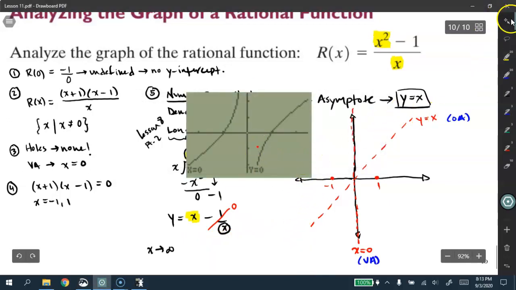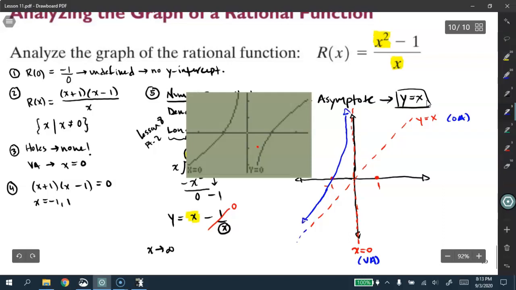So here's our screen. Here's what we discovered, and all we have to do is connect all the dots. I'm going to take a color here and connect the dots. This graph is coming really close to the line y equals x, like this, and then it continues in that direction, going up this way and down this way.